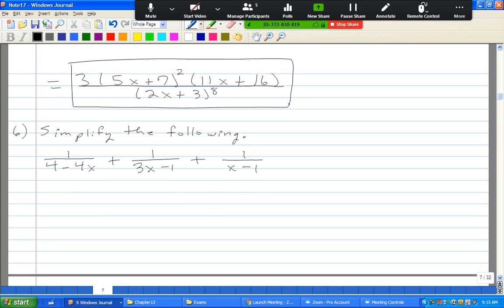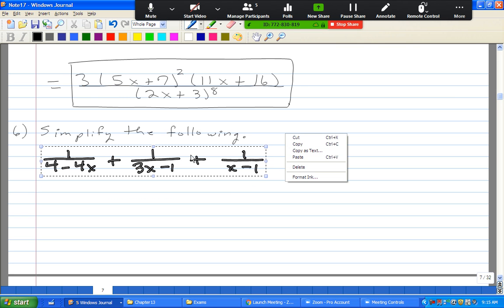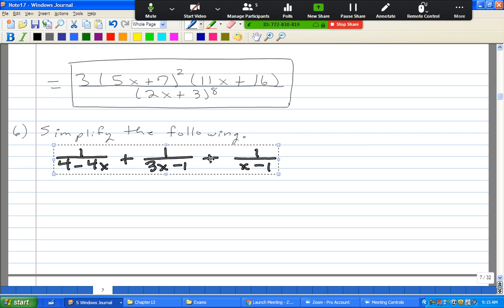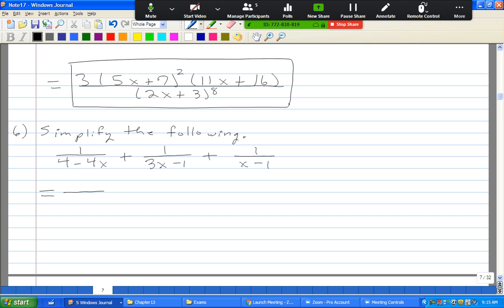Simplify the following. 1 over 4 minus 4x plus 1 over 3x minus 1 plus 1 over x minus 1. And so, let me factor out 4. Let me factor out negative 4. And so I get x minus 1.